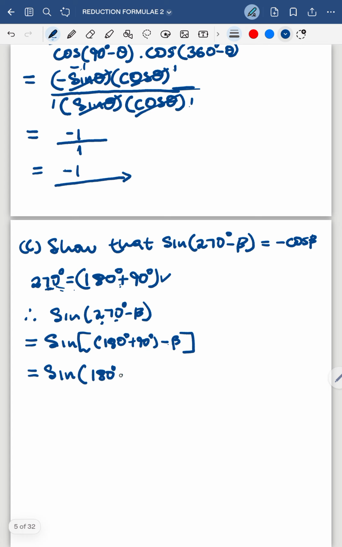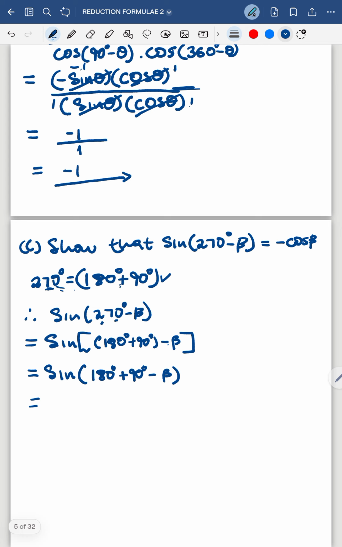Let's just write them as they are, because it's not allowed to say positive multiplied by negative here.